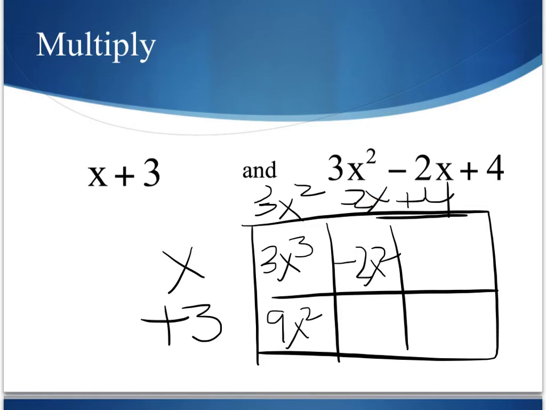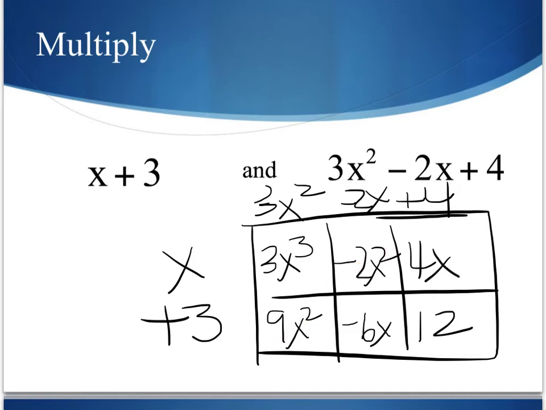And then negative 2x and positive 3 here, we end up with negative 6x. And then positive 4 and x, we get 4x. And then positive 4 and positive 3, we end up with positive 12.